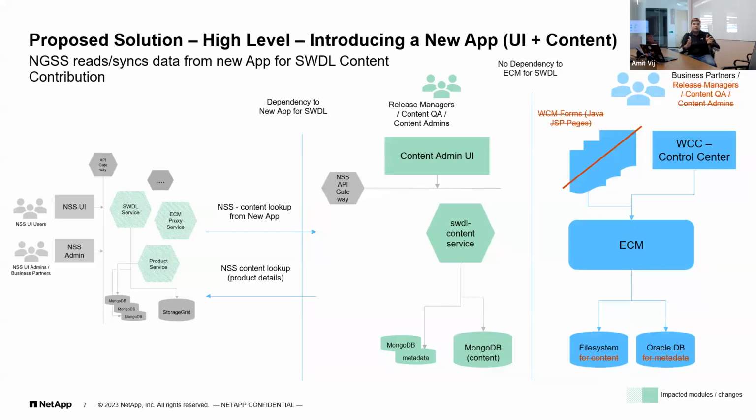What we did was we moved everything left into that microservices architecture. So we introduced the concept of this API gateway. We built a content admin, and then we wrote multiple microservices, one for software downloads, another for product documentation, product taxonomy, and things like that.